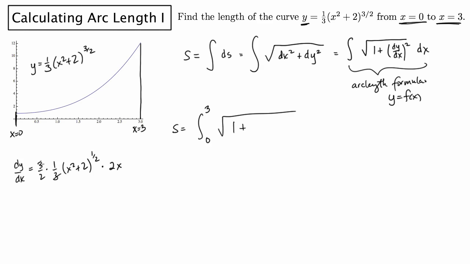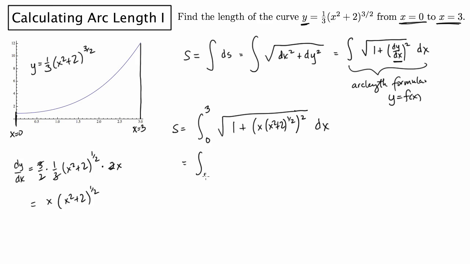In doing so, a lot of cancellations occur, and the derivative in this case is x times (x squared plus 2) raised to the 1/2. So if we write the derivative in now, we'll have (x squared plus 2 to the 1/2), all of that squared, and we're integrating with respect to x. At this point the integral's set up. Let's go ahead and work it out a little bit and see what we can come up with.